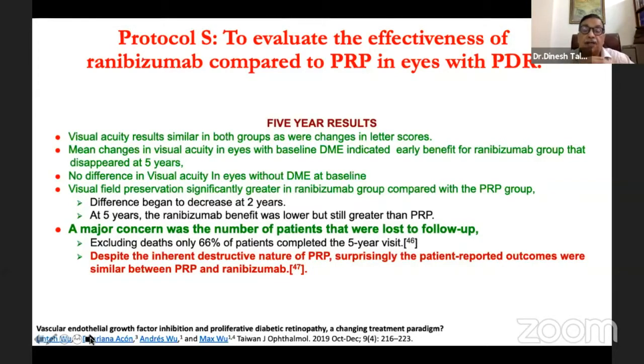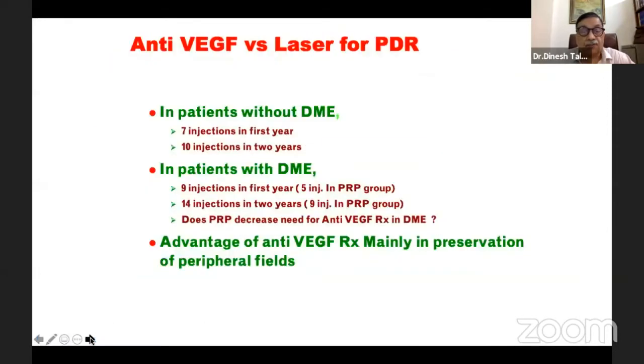Visual preservation, the initial greater difference began to decrease at 2 years, and by 5 years, it was much lesser. But there was a very big concern, and that is the number of patients lost to follow-up. One third of the patients were lost to follow-up, and despite the inherent destructive nature of PRP, the patients reported more or less similar outcomes.